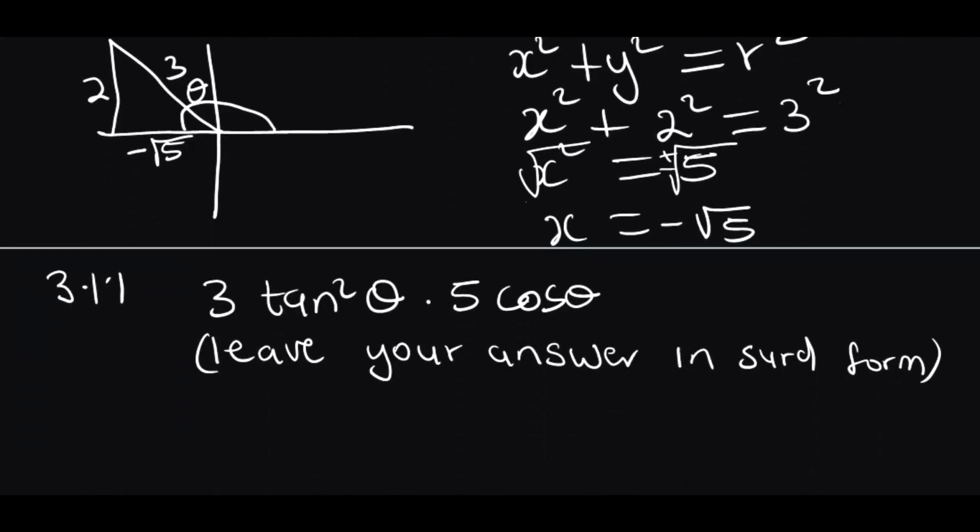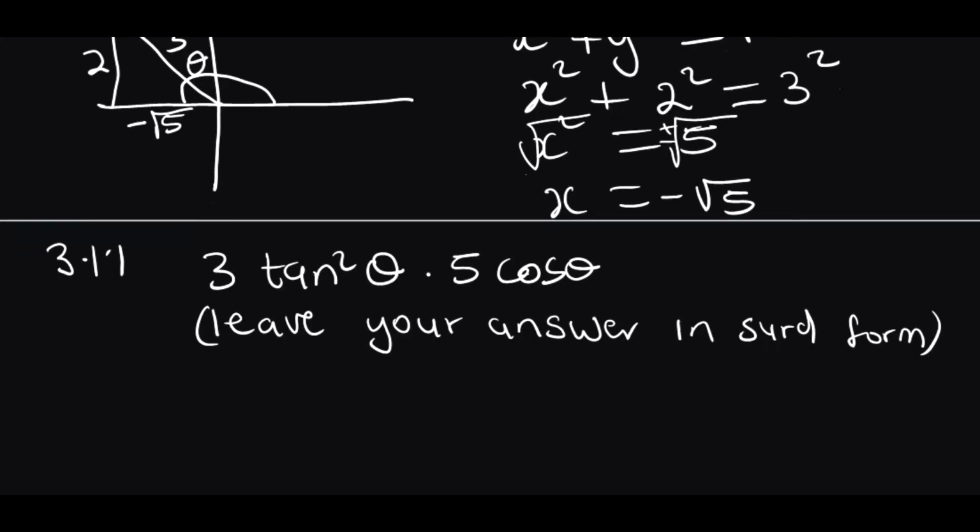Right, now let us answer the question that is being asked. 3 times tan squared theta times 5 cos theta. Now we need to substitute, and we need to give our answer in surd form.